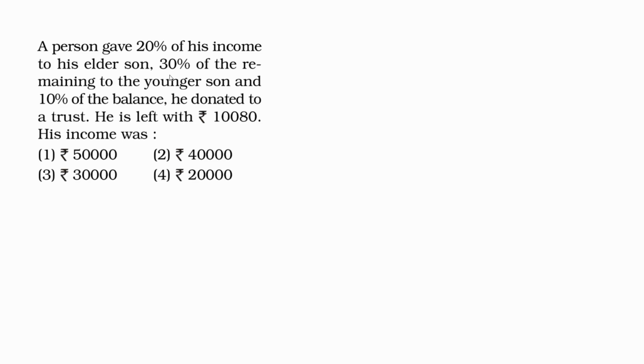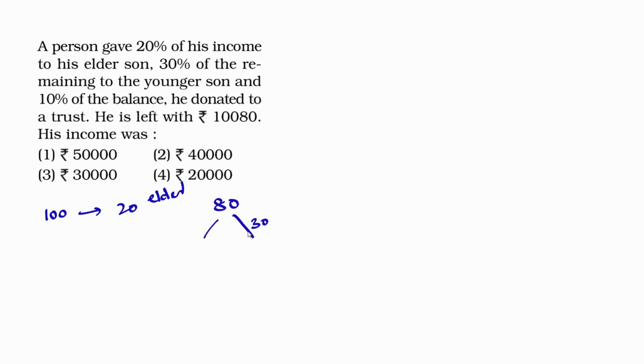A person gave 20% of his income to his elder son, 30% of the remaining to the younger son, and 10% of the balance he donated to a trust. He's left with 10,080 rupees. So, out of the 100%, he gave 20% to his elder son. So, only 80% remains. And out of this 80%, 30% has been given to his younger son.